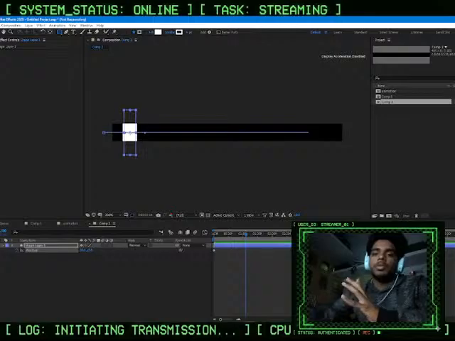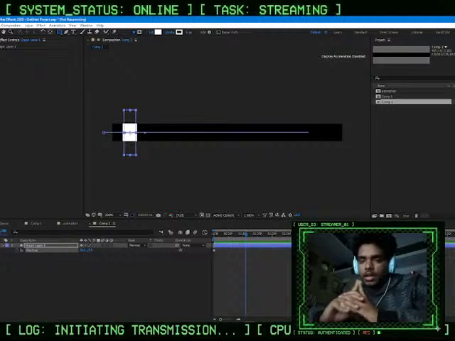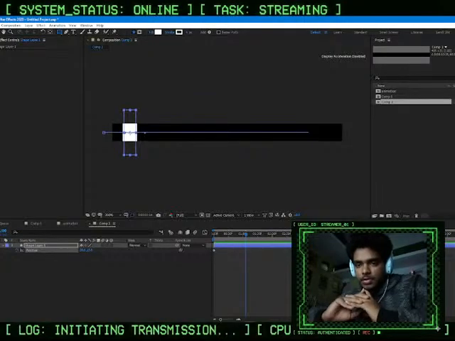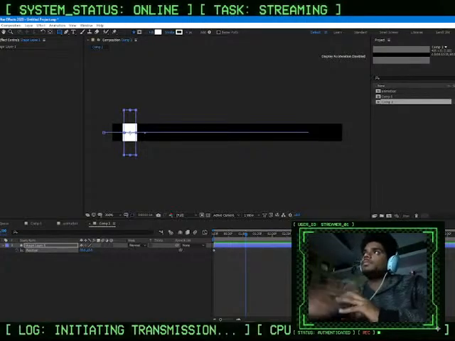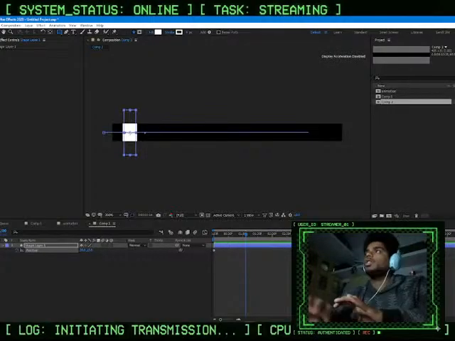So if it can make copies, then it does the job. Or we can try using the echo effect for the same thing. I can reduce the decay. I can nullify the decay of that effect, and it will just simply work.